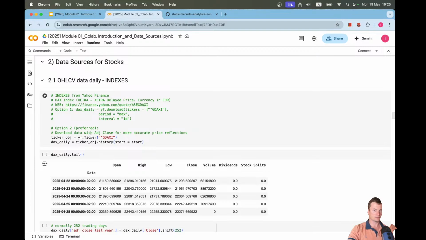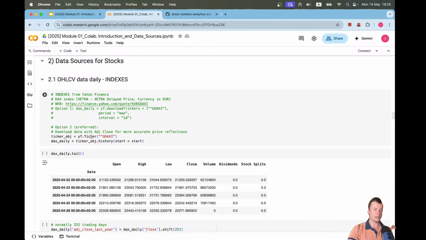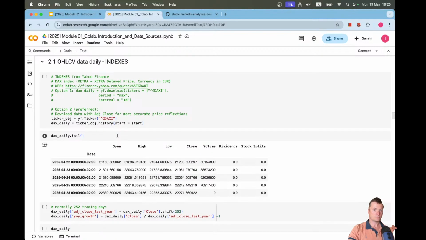You need to import the Yahoo Finance library. When you imported this library, you select a ticker, and this is the index ticker for the German stock market, DAX daily.